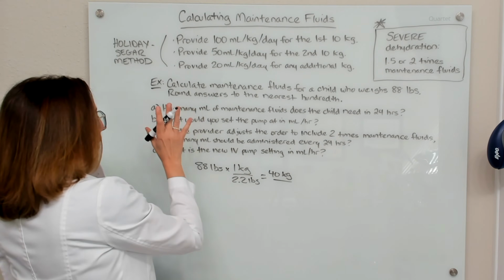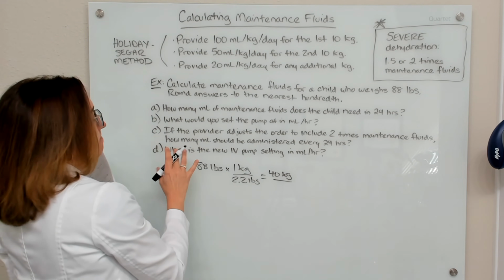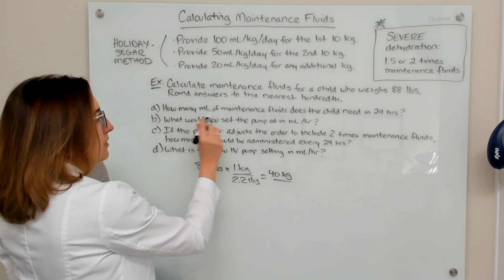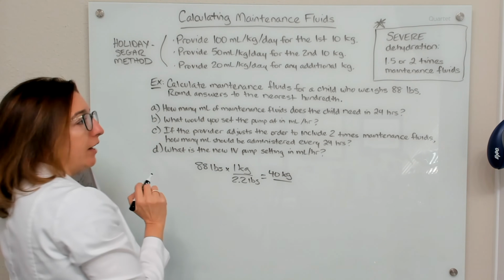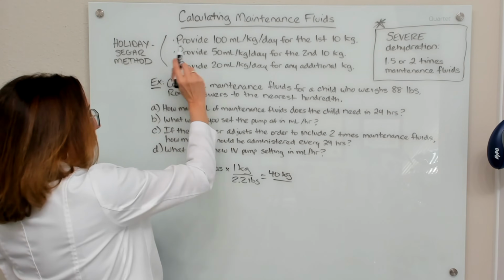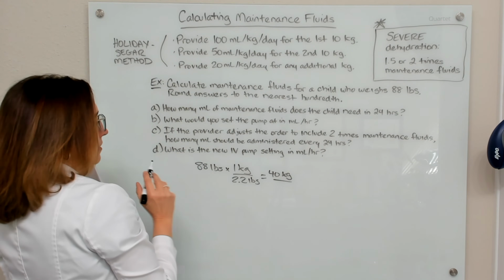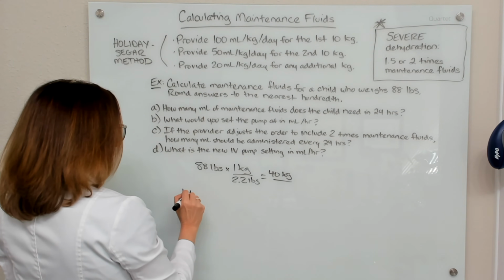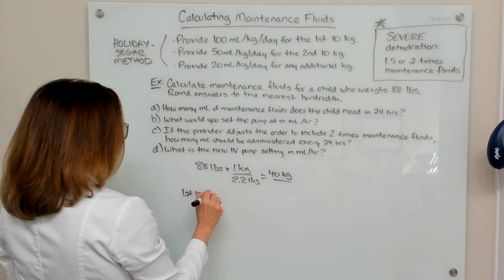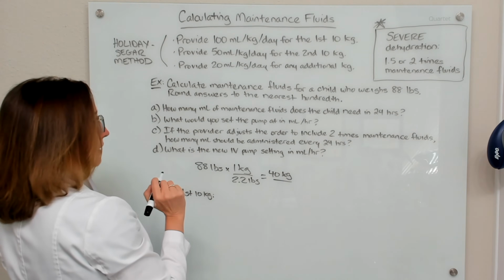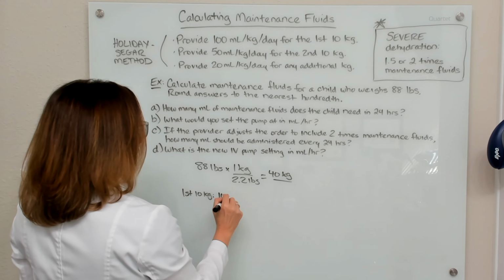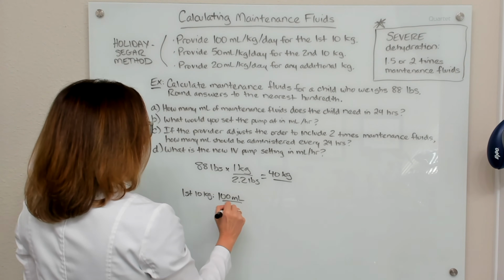Now we can answer the questions being asked. How many milliliters of maintenance fluids does the child need in 24 hours? That's part A of the problem. So we would use this Segar method. For the first 10 kilograms of our patient's weight, our patient weighs 40 kilograms, but for the first 10 kilograms, I would give 100 milliliters per kilogram.